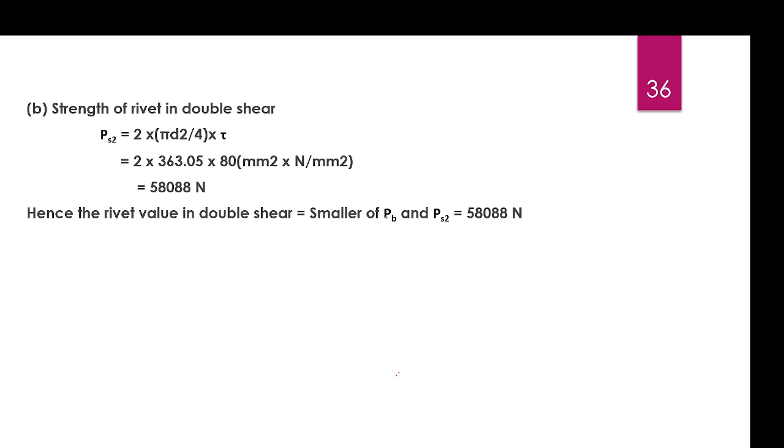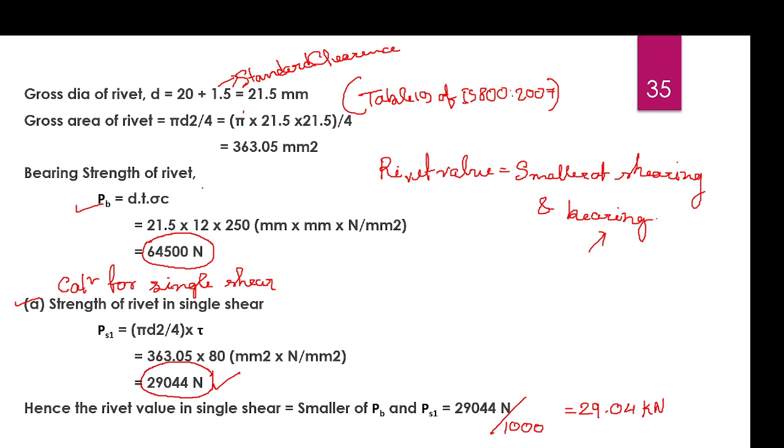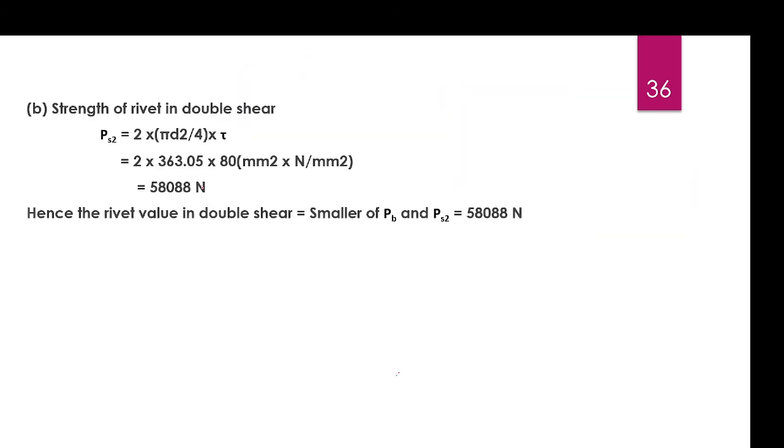So in this case, comparison will be done between 58,088 Newton and PB, that is 64,500 Newton. In this case also the shear strength is smaller, that is 58,088 Newton. So the rivet value will be 58,088 Newton, or you can say equal to 58.09 kilonewton. Okay, that's it.